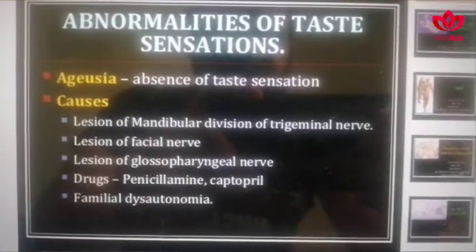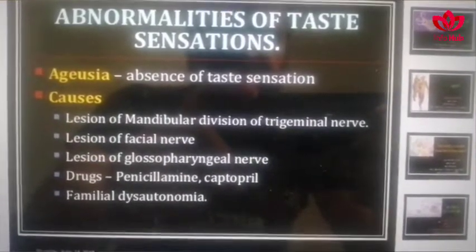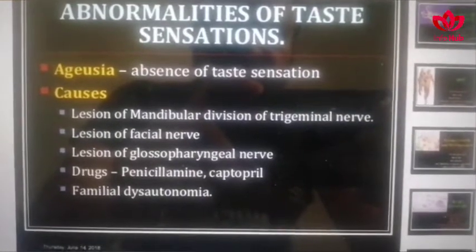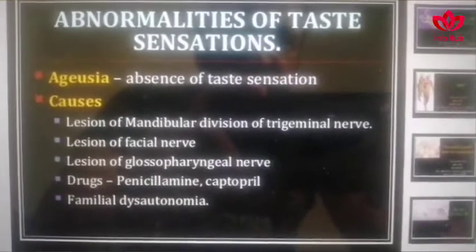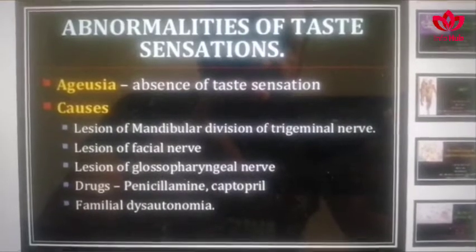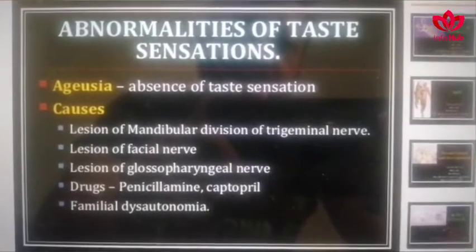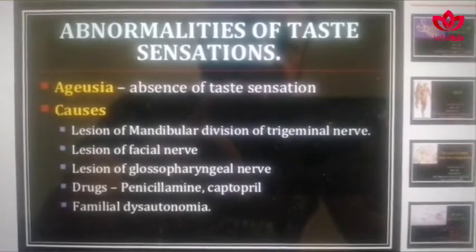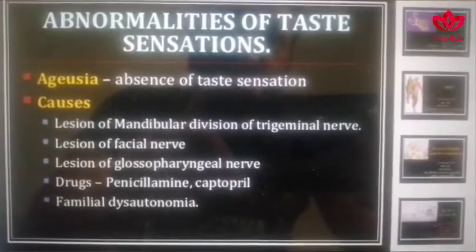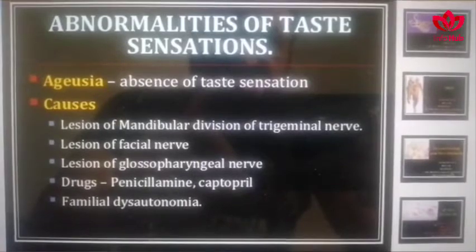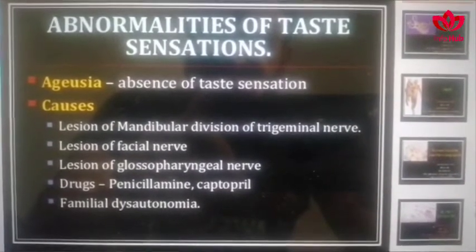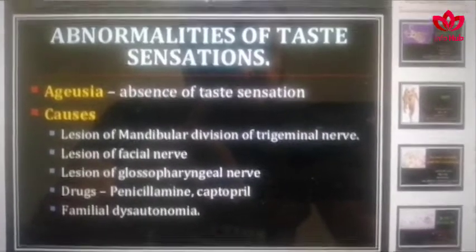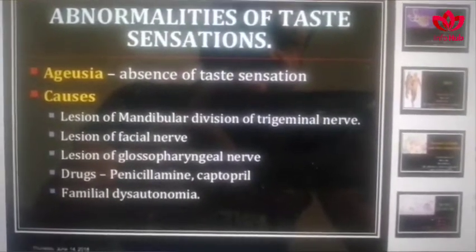You should just know the drugs; if you don't remember the names, it's perfectly okay. And there are certain familial dysautonomias which can result in absence of taste sensation. It's easy to memorize the few causes: you can say lesion of the nerves which carry taste sensations, drugs, and familial causes.